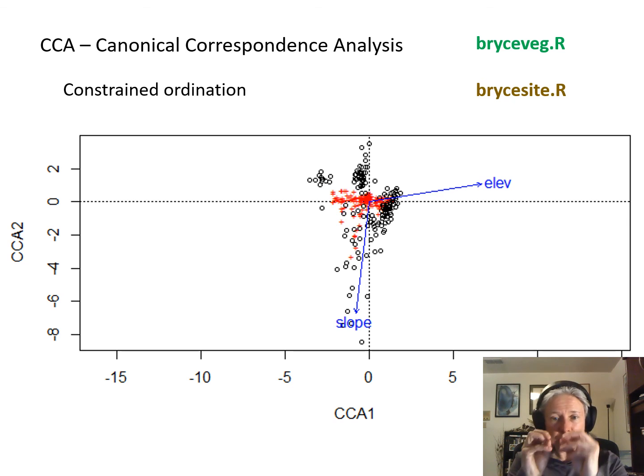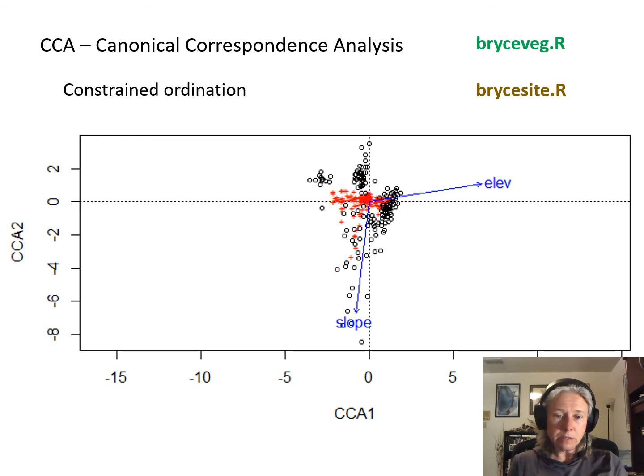The positions of the circles and the crosses relative to the arrows indicate the environmental conditions at each site, and the locations of these species points relative to the arrows indicate characteristics of the ecological optima for each species.